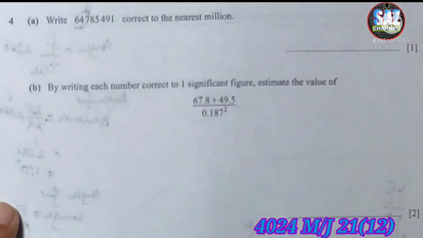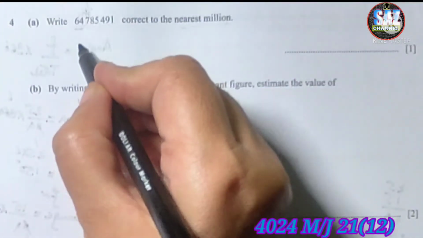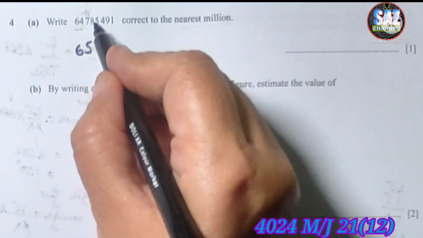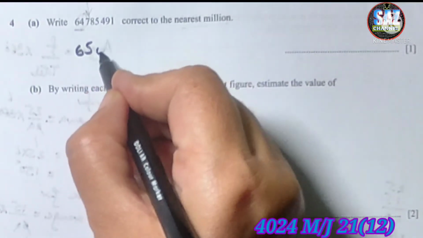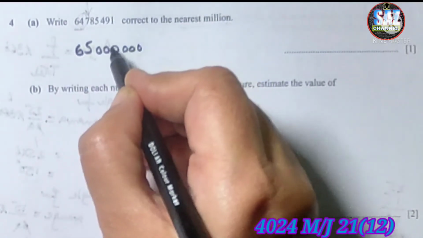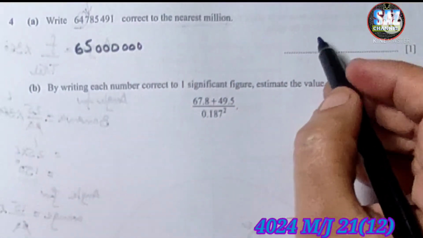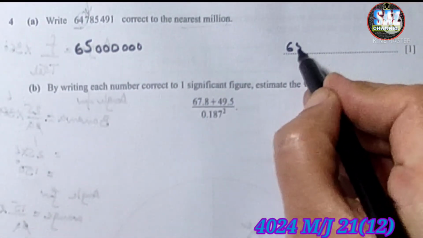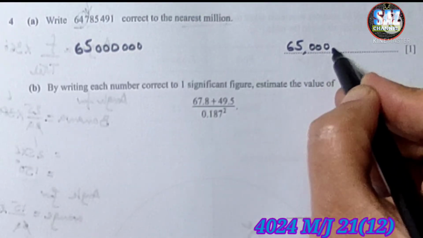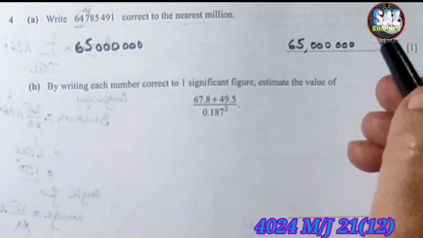So I will write this as 65, and then the 6 remaining places will be replaced by zeros, 1, 2, 3, 4, 5 and 6, and this will become 65 million approximately. If you find any difficulty in understanding this lesson, you can go to the channel library and watch the basic concepts of rounding off and estimation lessons.